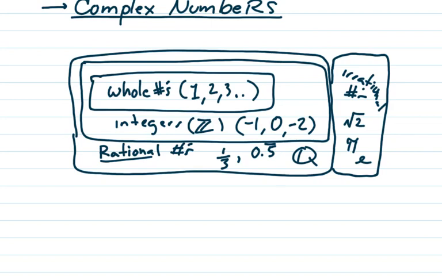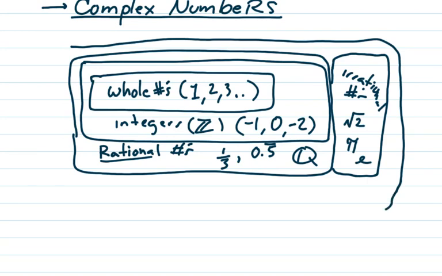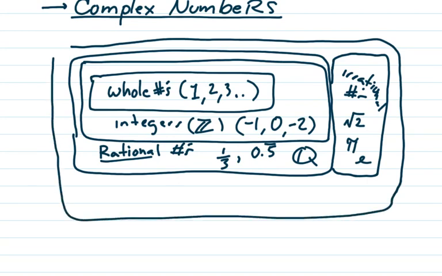All of these numbers are real numbers. Real numbers is commonly denoted with a double-bar R. These are real numbers. Okay.